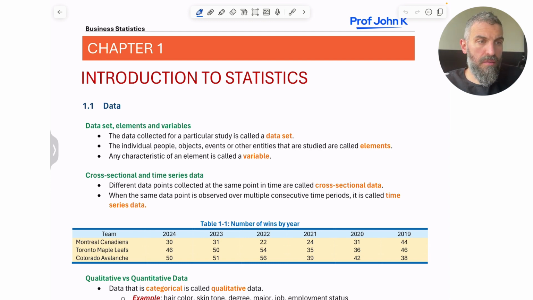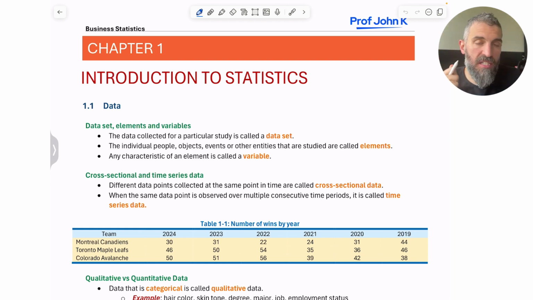And the term data set refers to all of the data that I collect as part of a study, right? So if I were to create a survey for students, and in the survey it asks you how old you are, what is your major, and what school you go to, all of your responses would be my data set. And each one of you students would be considered an element.